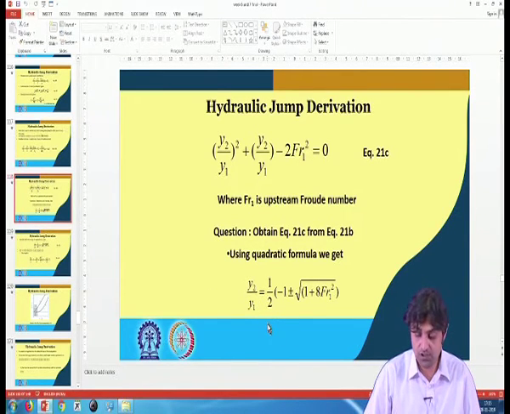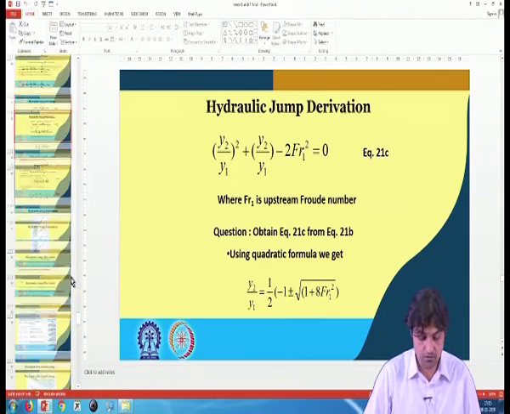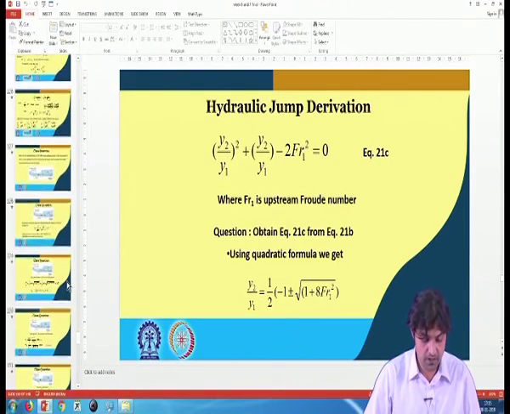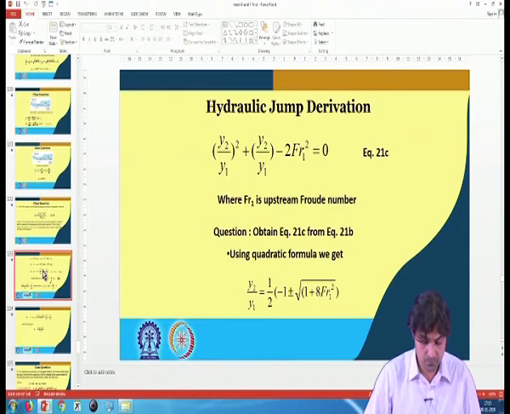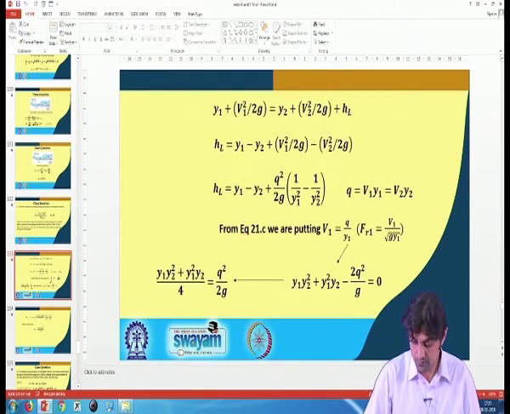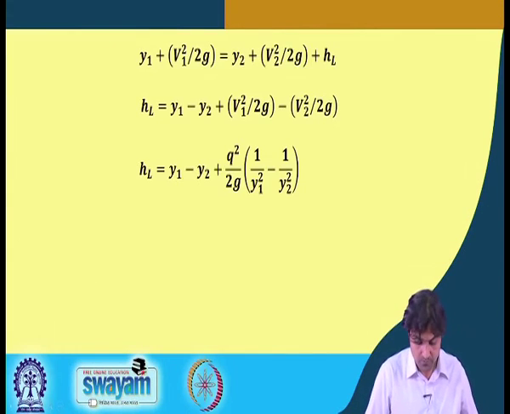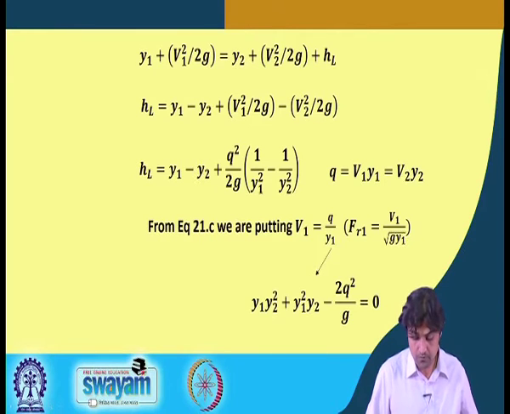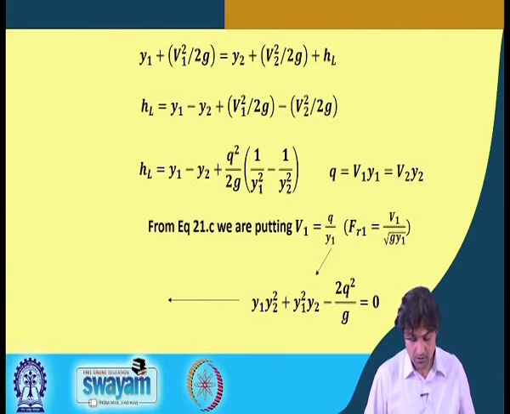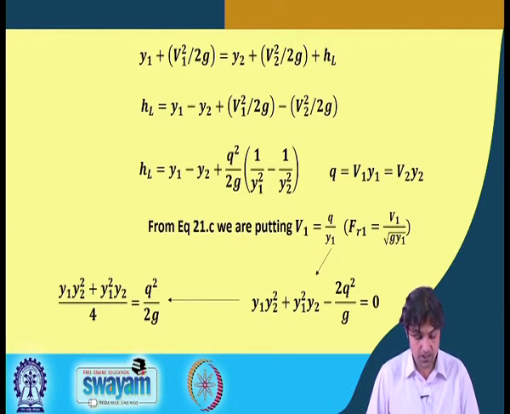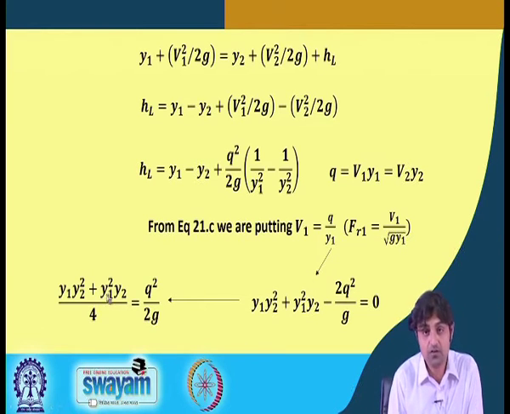So, we can use this y2 by y1 here. All right. So, we can simply write y1 y2 whole square plus y1 square y2 by 4 is equal to q square by 2g. All right.